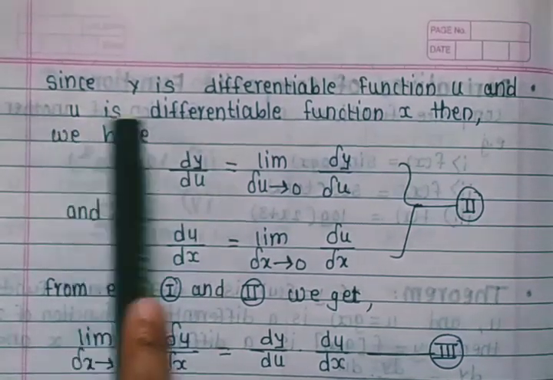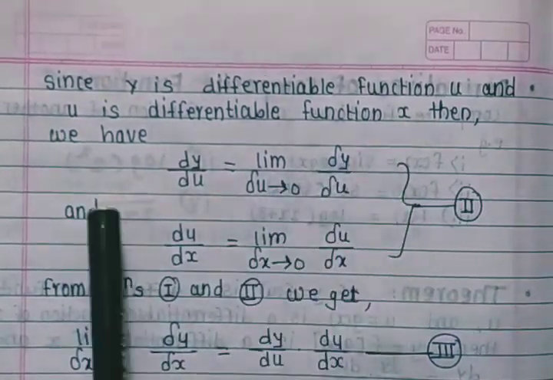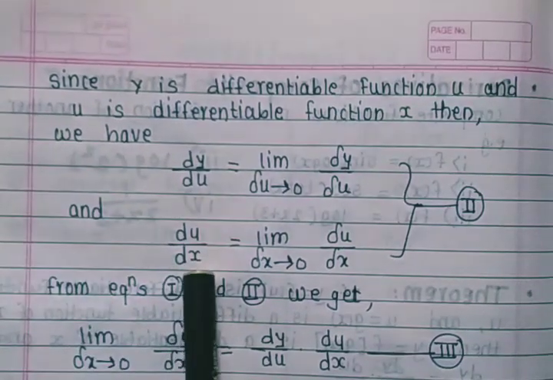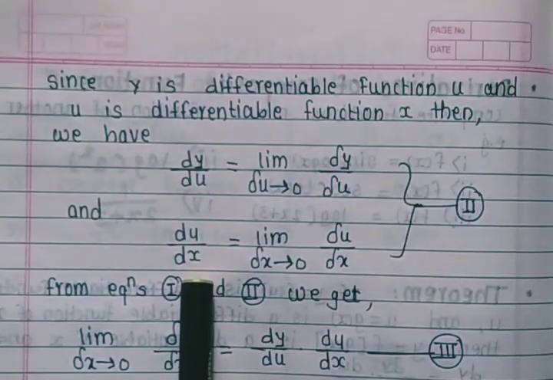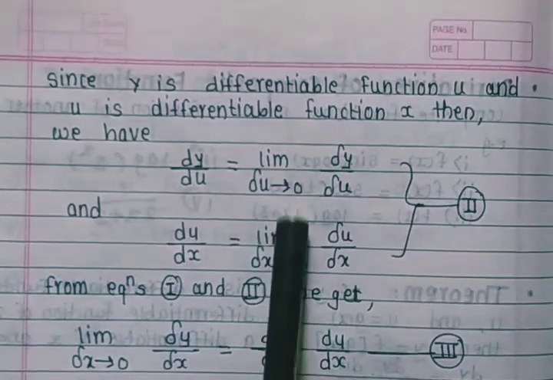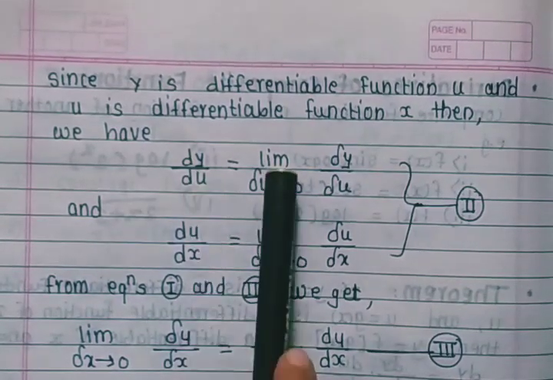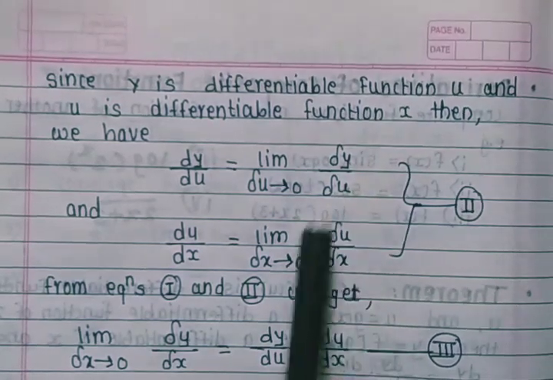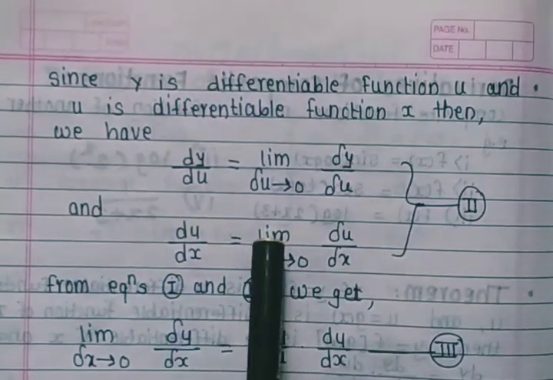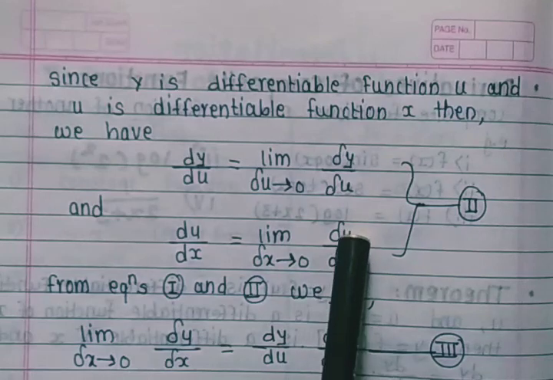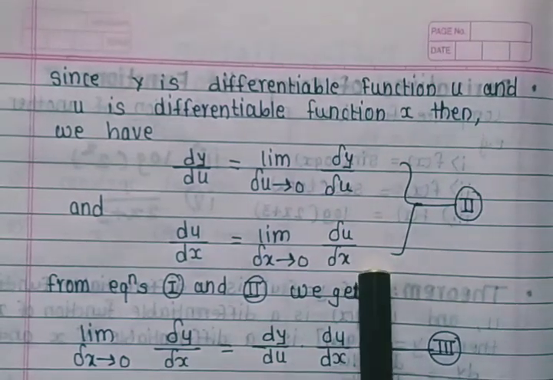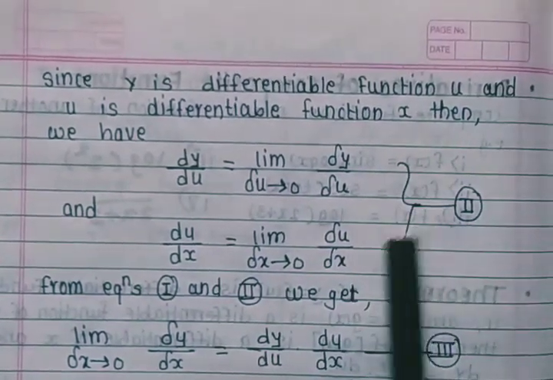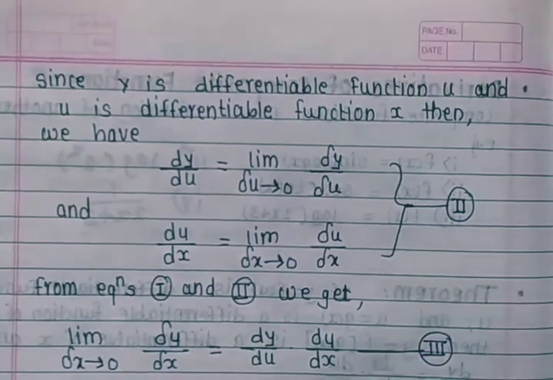Similarly, if u is a differentiable function of x, it means the derivative of u with respect to x exists. According to Leibniz notation, this can be written as dy by du equal to limit delta u tends to 0, delta y divided by delta u, and du by dx is equal to limit delta x tends to 0, delta u divided by delta x. Consider this combinedly as equation number 2.